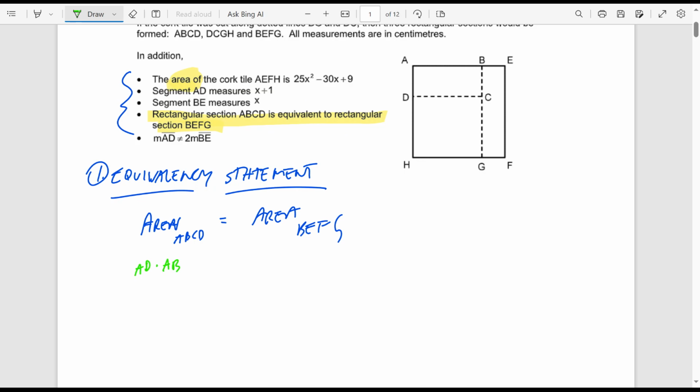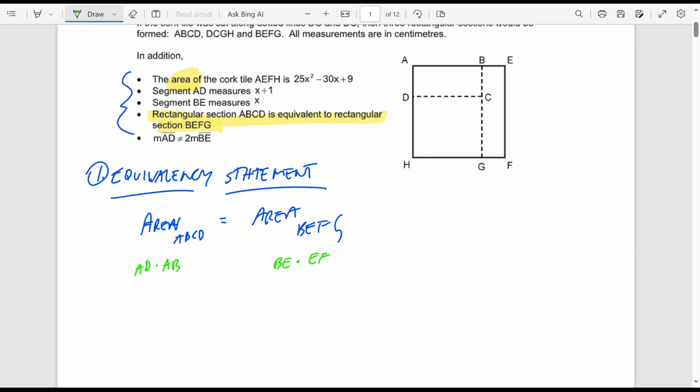I know this one's a rectangle, so it's also going to be length times width. So BE multiplied by EF. That's just because area is equal to area. Why not BG? It could be BG if you wanted to. I'm using it purposely because it's the exterior edge, and it's going to leave that. You could do both. It's going to be the same thing. Good question.